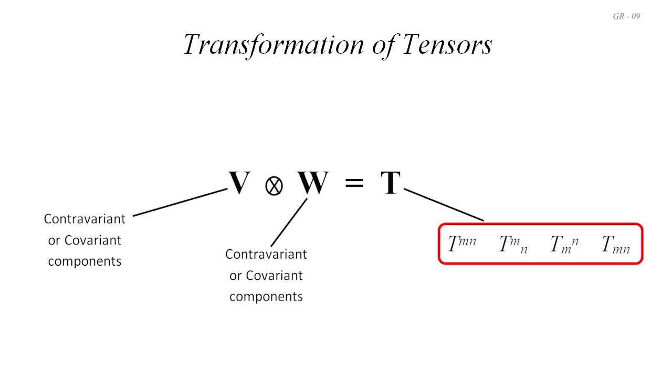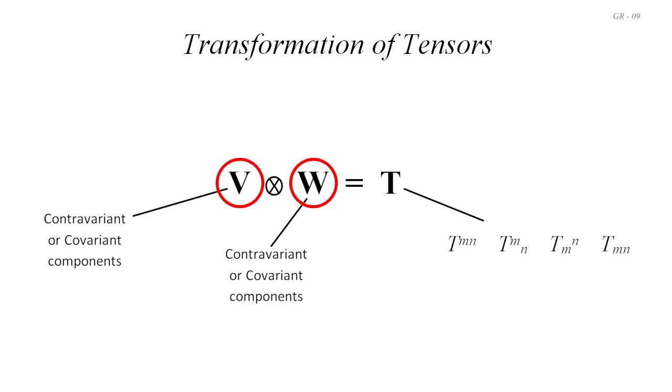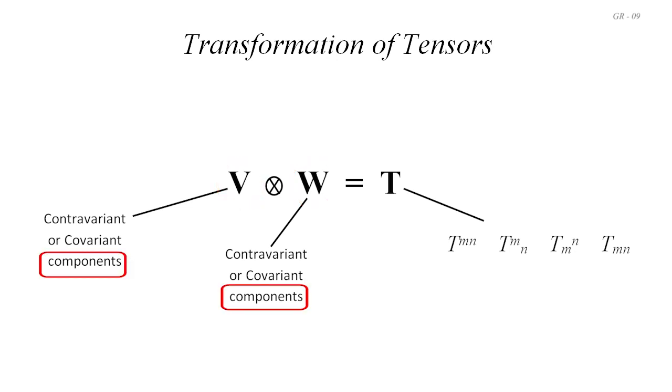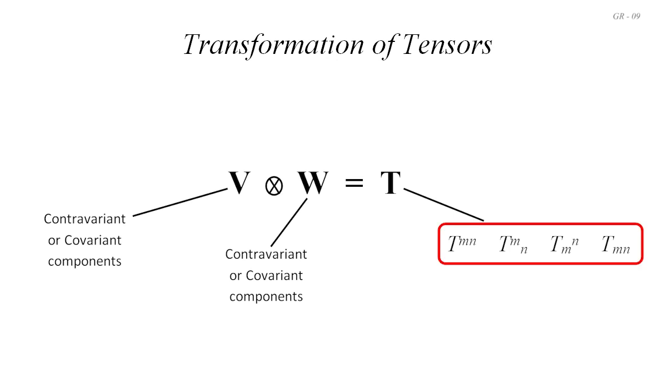They were in a sense the same tensor, produced from the same 2 vectors, and yet their components were very different. And so when transforming them from one frame of reference to another, they had to be handled very differently, depending on the upper or lower indices of the tensor.